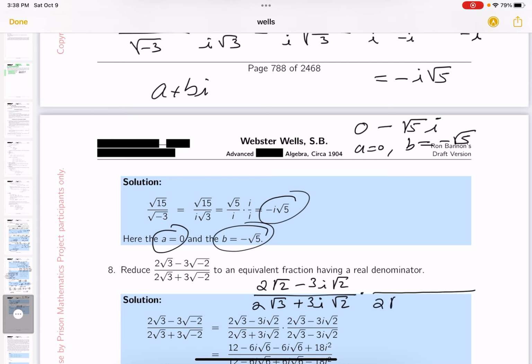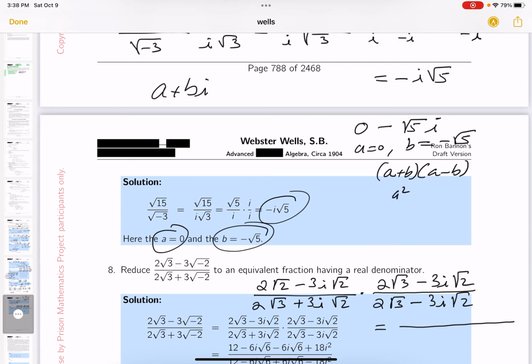So 2 root 3 minus 3i root 2, 2 root 3 minus 3i root 2. Let's do it. The bottom should be relatively easy. And why is that? It's a conjugate. So it's like a plus b, a minus b would be a squared minus b squared. I'm going to erase that. I'm just reminding you I've done this before.